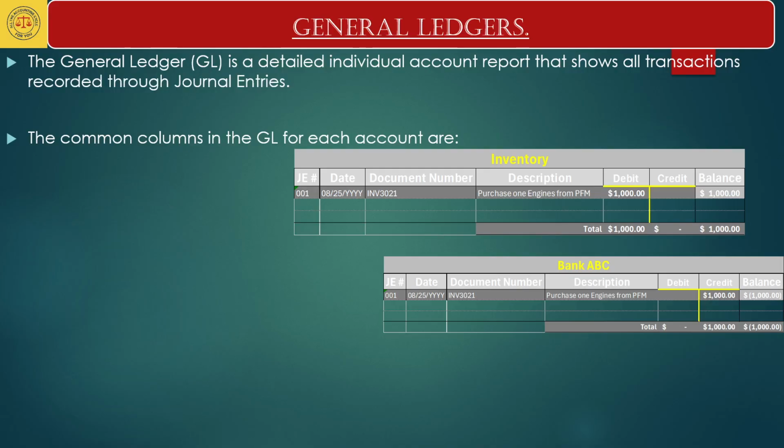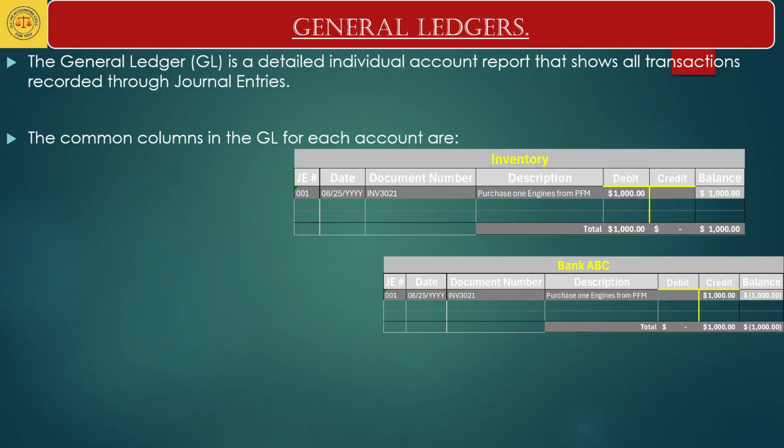So when you decide to print out the general ledger, your inventory sheet is going to reflect all the activity in that account. Same for the bank in our example, but it's for all the accounts you are working with based on your chart of accounts. And we are going to talk about the chart of accounts later on.